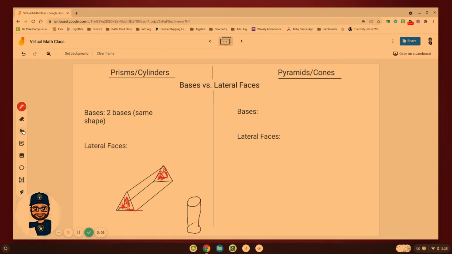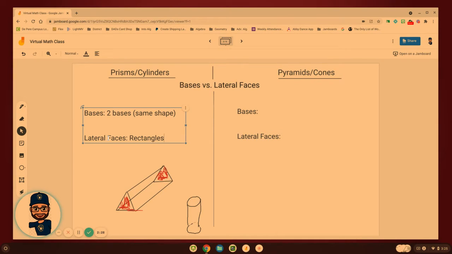Two bases. Then the lateral faces are rectangles in this one. And in all prisms and cylinders, they're going to be rectangles. And they go around the rest of the shape, or they connect the bases together. Okay, so the bases help us define the shape, triangular.